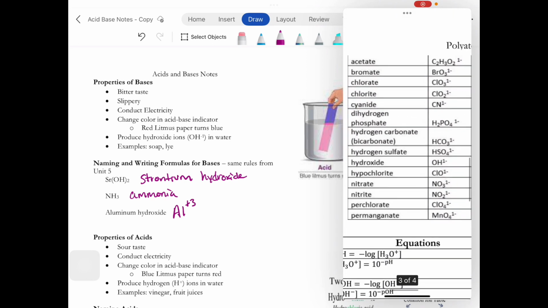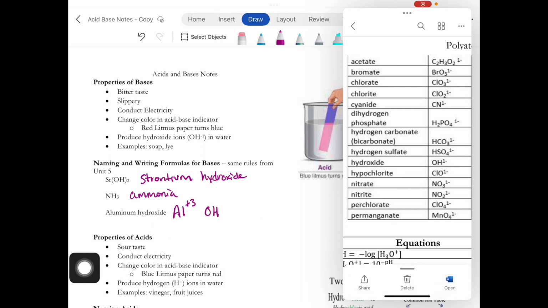We already looked at that earlier, but to show you again, hydroxide is that OH, and it has a charge of -1. So then when you write the formula, the numbers of the charges switch places.